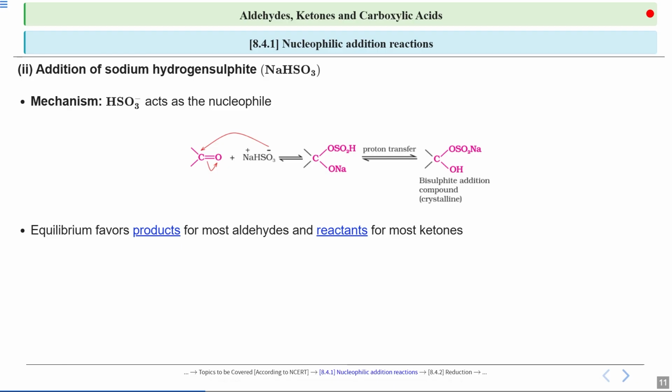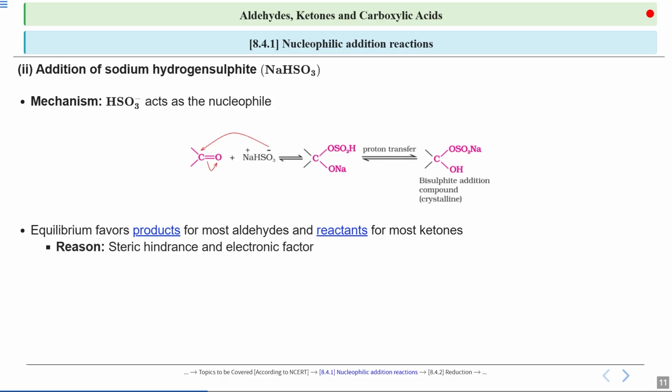Why? Because of the steric hindrance and electronic factors that influence the stability. As we discussed, aldehydes are more reactive, because in ketones there is steric hindrance and electronic factors.